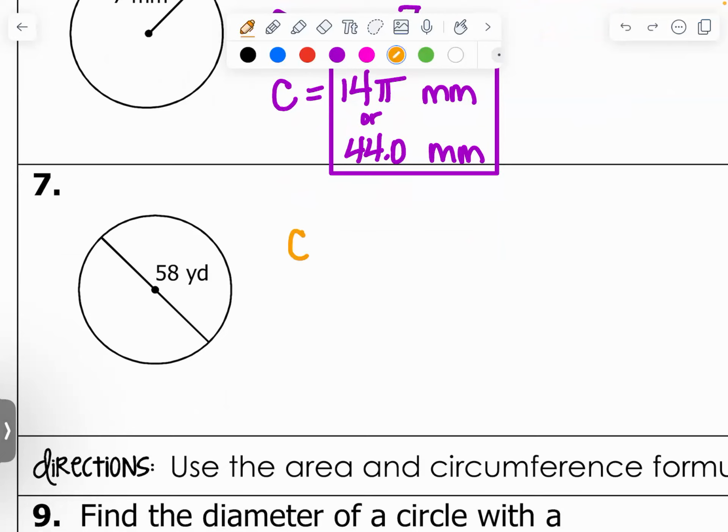All right, what's 58 times pi? Okay, and what's our label for this one? Nope.